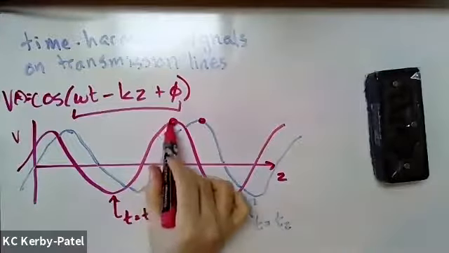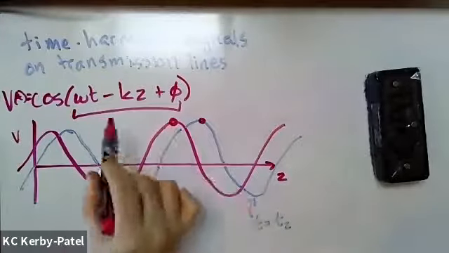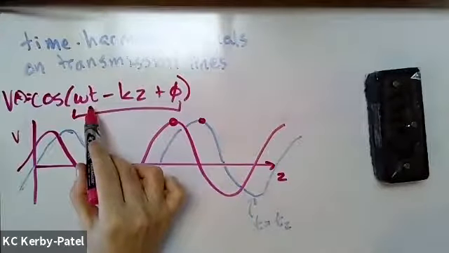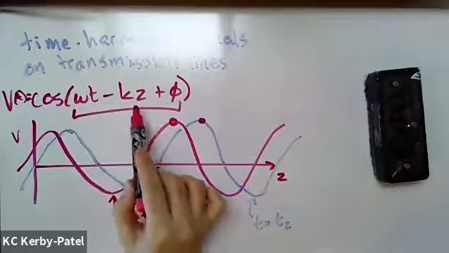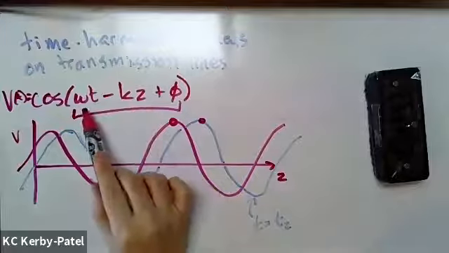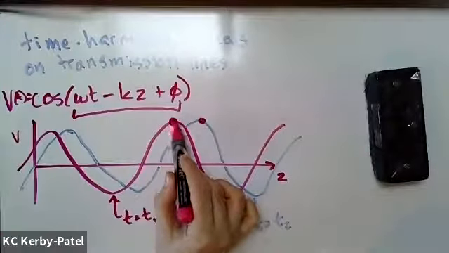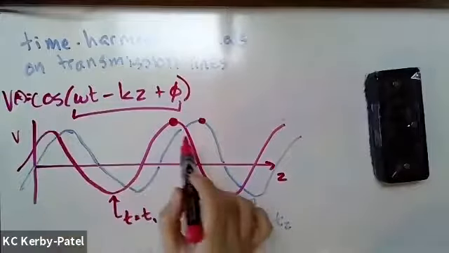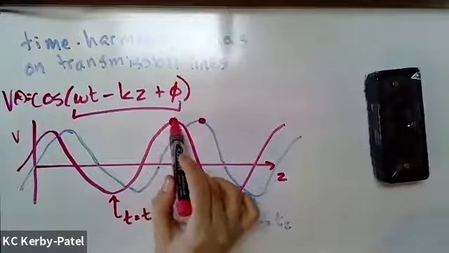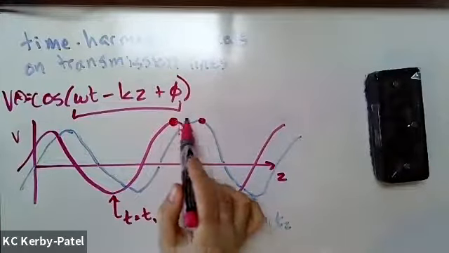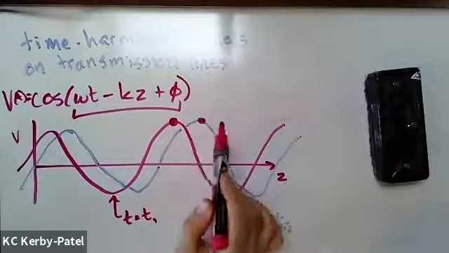But since t has increased, we need a corresponding increase in z to cancel out the increase in t, so that the value that produces the maximum of the cosine stays at a constant argument value, a constant value for the same point on the wave.